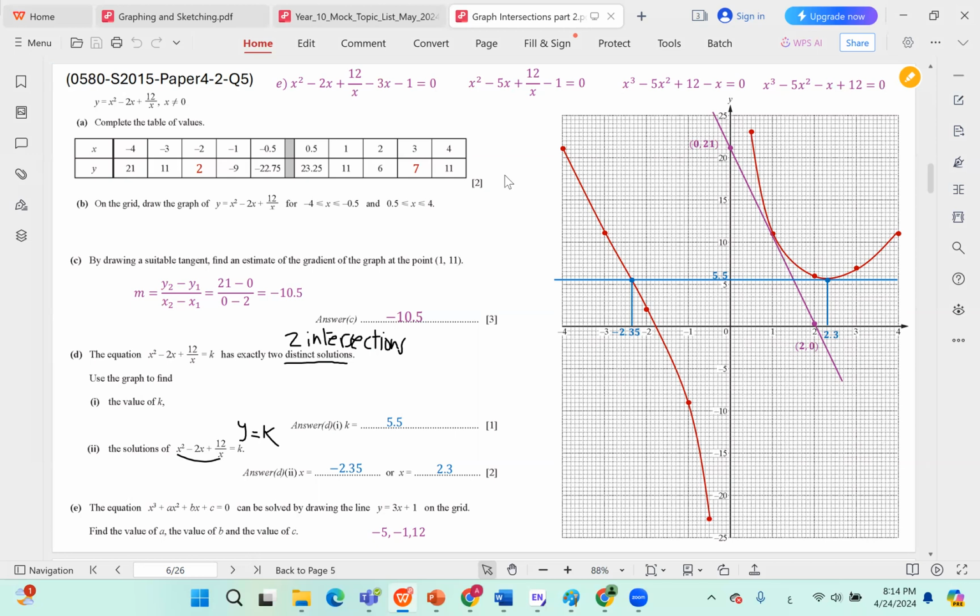Let's look at the graph, and I remind you that the graph extends further beyond this drawing. In order to have two distinct solutions, the following graphs would work. So for example, this here would work, this here would work. Starting this line that I'm about to draw in yellow, this line here cuts the graph 3 times.